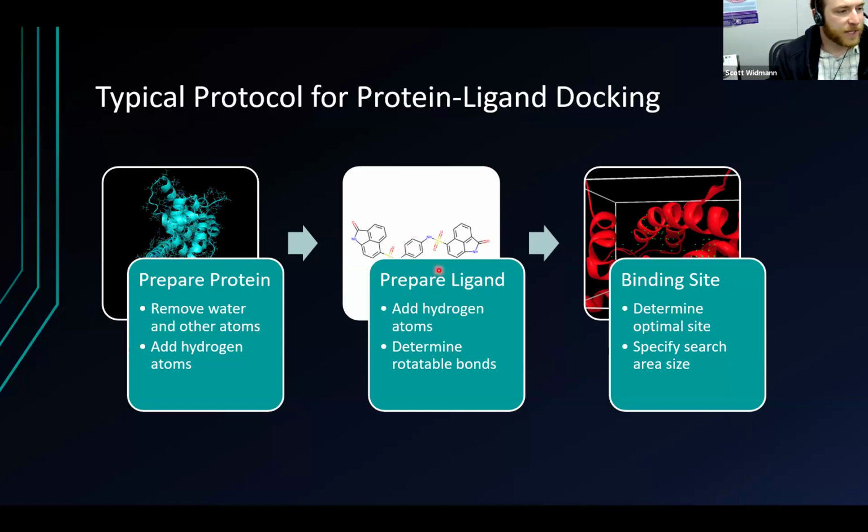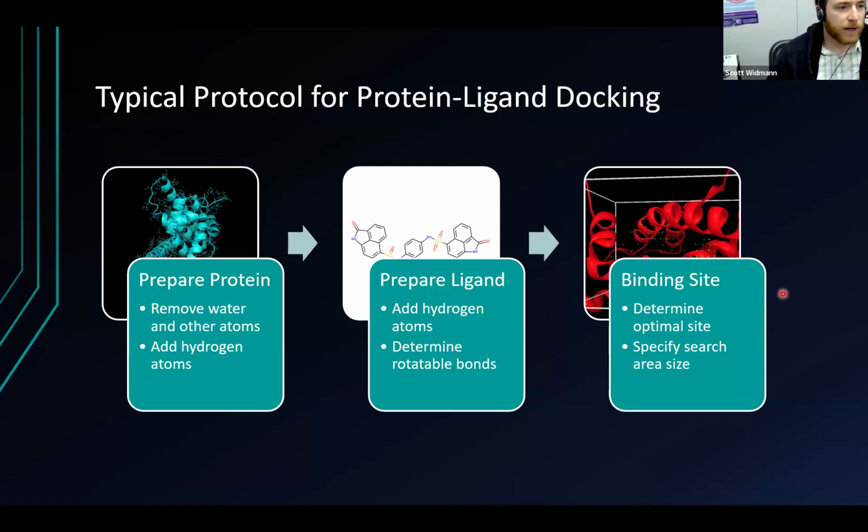The next step will be to prepare our ligand. We also need to add hydrogen atoms. We need to also determine which bonds are rotatable, because our ligand can rotate in order to form bonds or conformations in the receptor or protein.